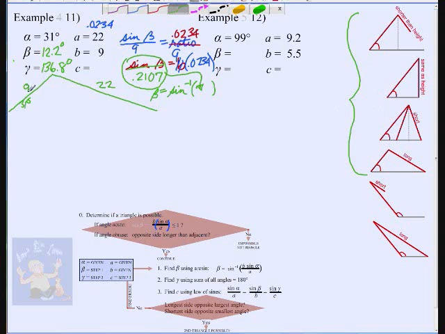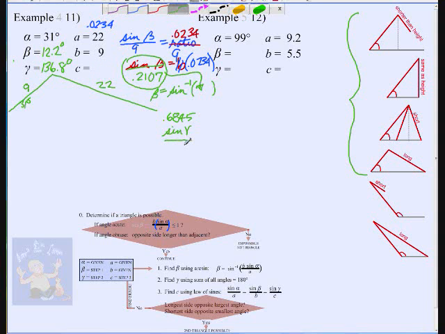However, look at this. 9 for my adjacent side and 22 for my opposite side. 22 is clearly much greater than the height. My opposite side is much longer than my adjacent side, so I only am going to have one triangle. That's good.